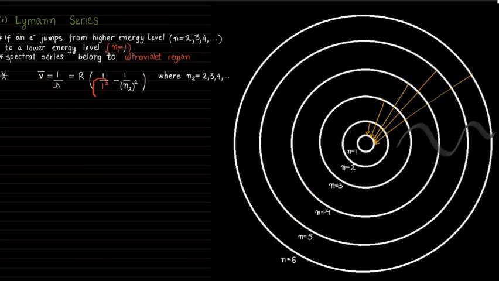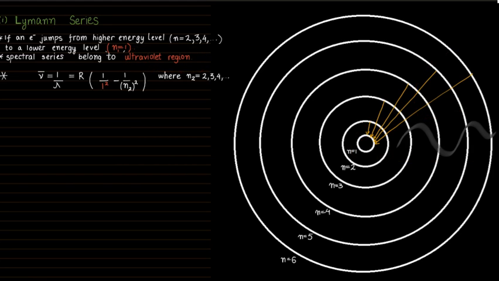So it will be 1 square. This is your lower energy level. And what are your high energy levels? The high energy levels are 2, 3, 4, 5, 6 and so on. This is your n2 square, higher energy level. So this is your Lyman series when there is a transition from a higher energy level to a lower energy level, and the energy emitted will form in the ultraviolet region.